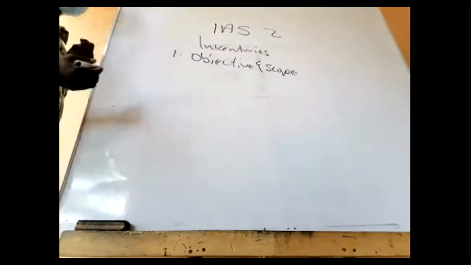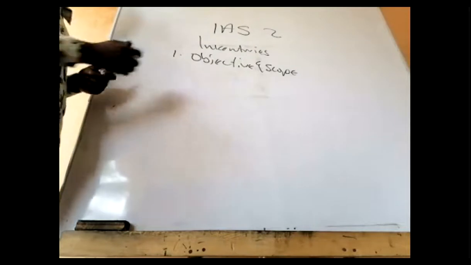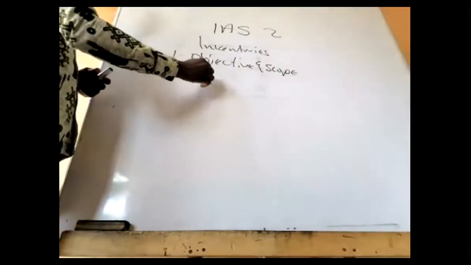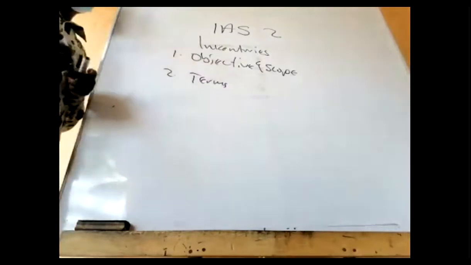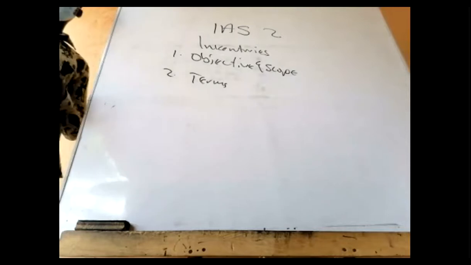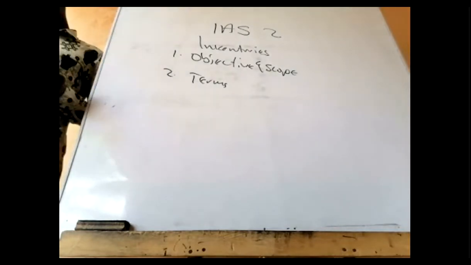We said that the objective is to describe the correct accounting treatment of what? Inventory. We also look at some basic terms. We define only two: we define the inventory itself and we define cost.